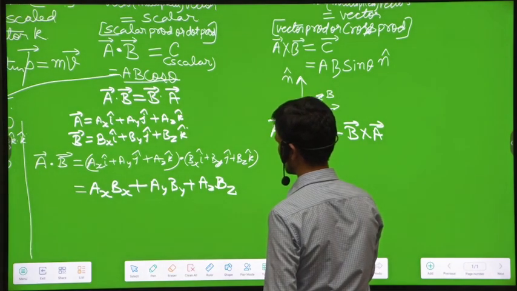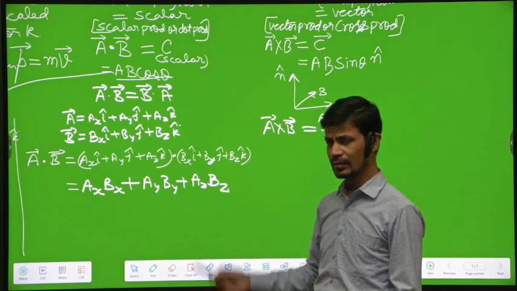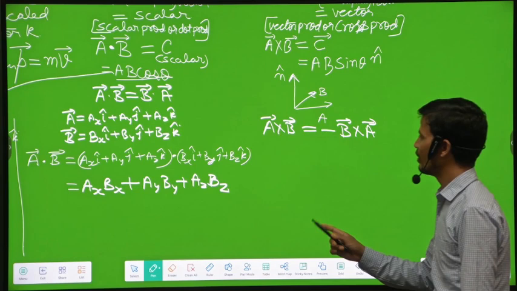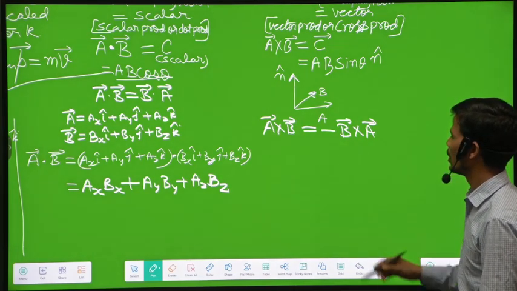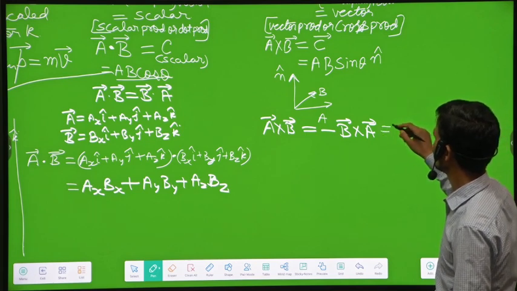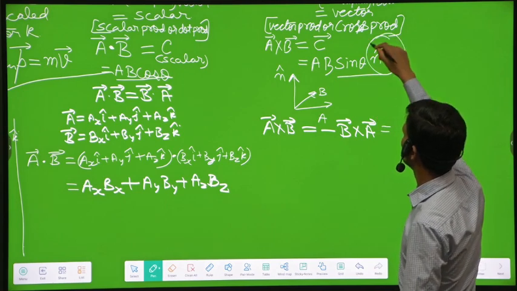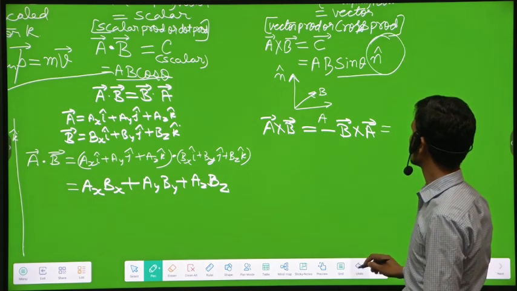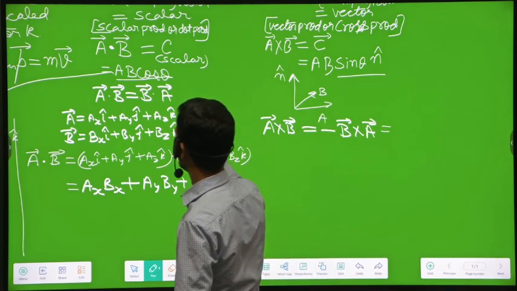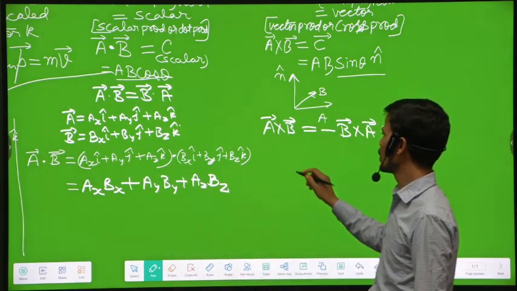But the cross product is not that simple, and you can see there's no i cap, j cap, k cap here. Means it is totally a scalar value. Now what about cross product? So as we know, here it is a b sine theta and n cap. Don't forget this n cap, that is a very essential part of this vector product. So again I am taking the same two vectors and I am multiplying them.